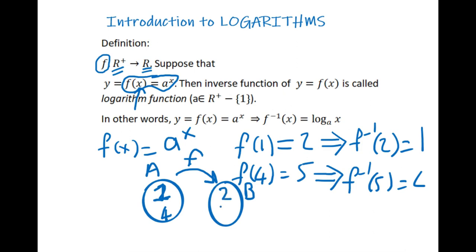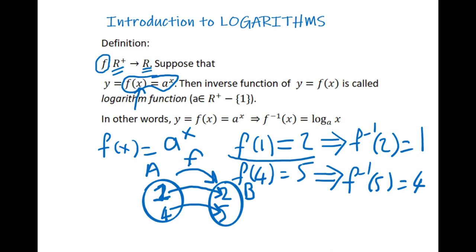In the range, we have 2 and 5. 1 goes to 2. F of 4 is 5, that means 4 goes to 5. If you look at the situation directly, we can say that f of 1 is 2. If you look at the situation from B to A, we can say that the inverse function of f of 2 is 1. We can think of the inverse function as looking at the situation from range to domain. You can explain the inverse function in this way.